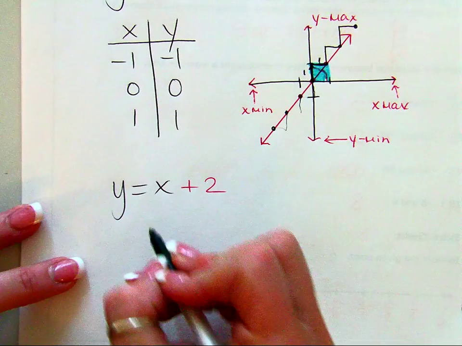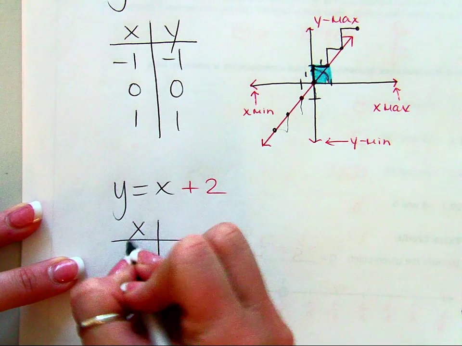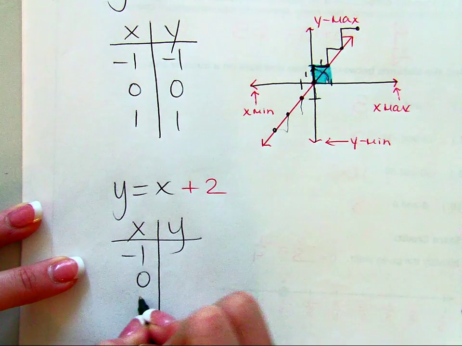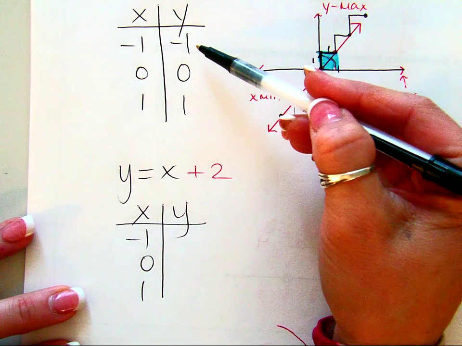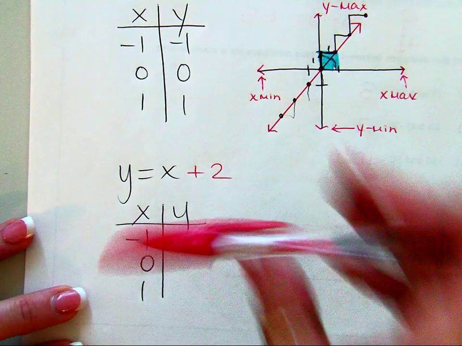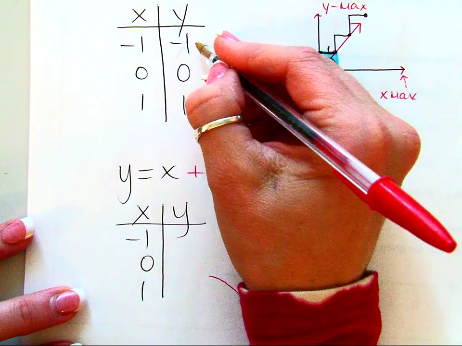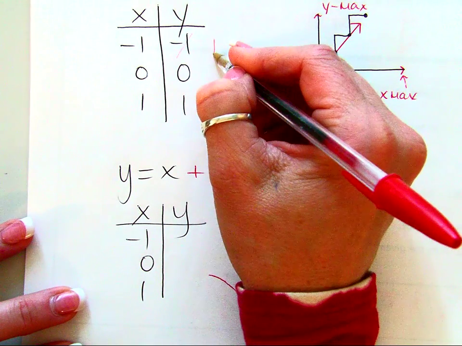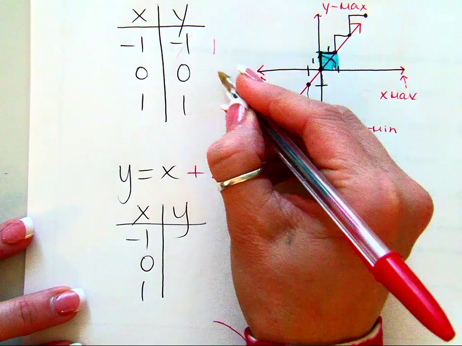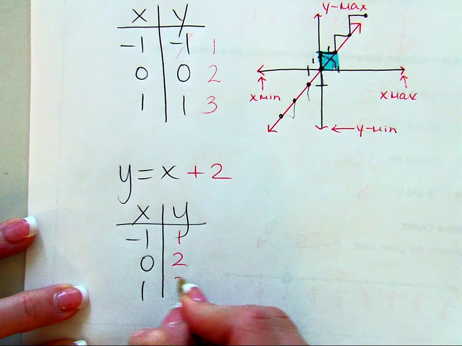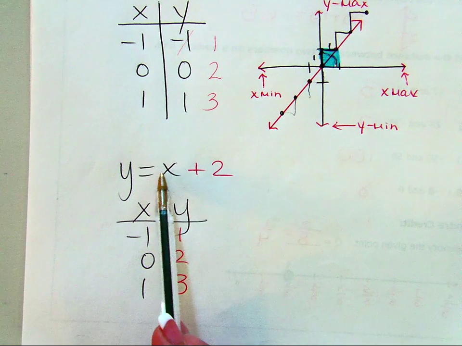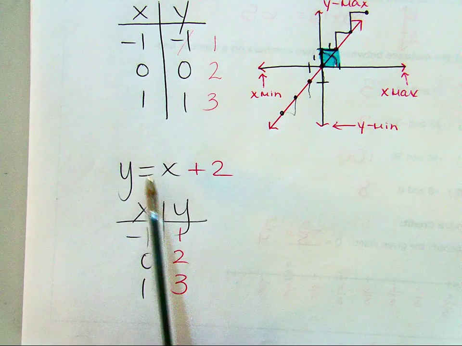So what that means is, instead of y being negative 1, 0, and 1, it's going to be whatever that is, but plus 2. So that would turn this into what? What's negative 1 plus 2? Positive 1. What's 0 plus 2? And what's 1 plus 2? So that would make all of the y values plus 2.